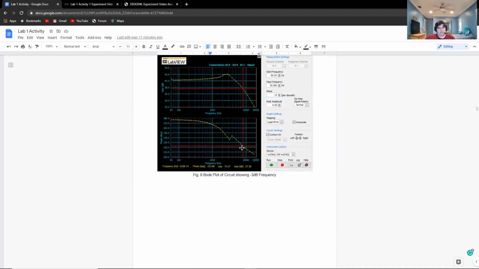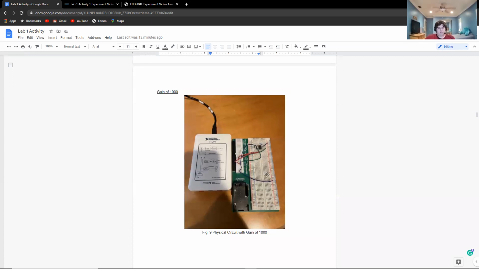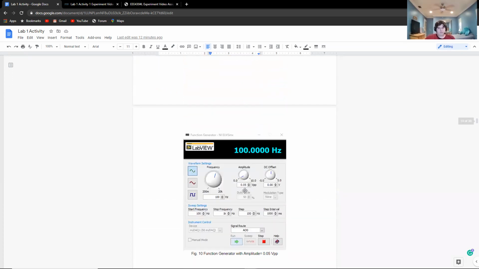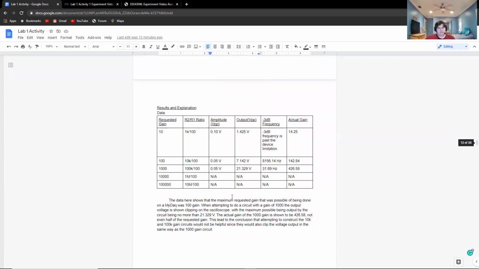And here's the other minus 3 dB portion and gain of 1,000. Here we use 0.05 volts peak to peak and our oscilloscope is clipping. So we realize that the requested gain of 1,000 was not able to be met. Instead, we got a gain of 426.58.